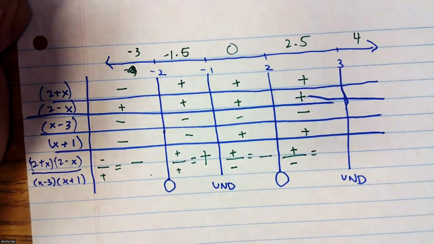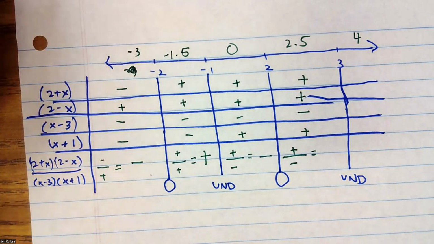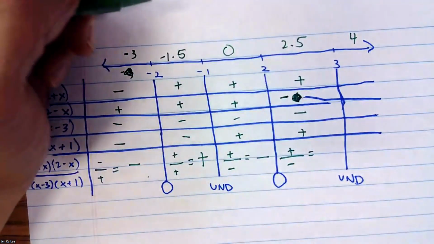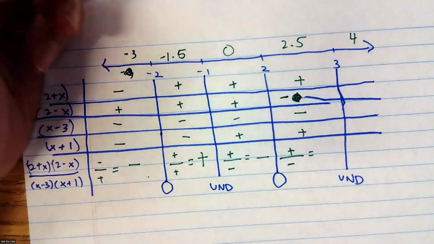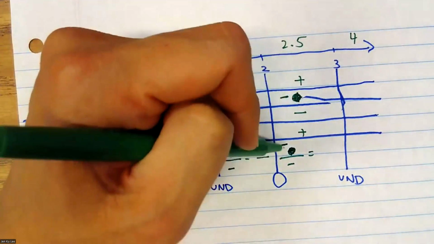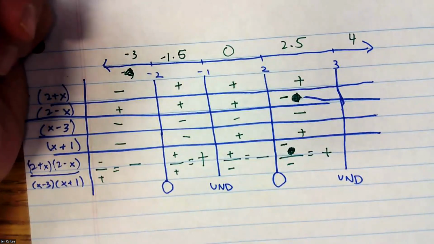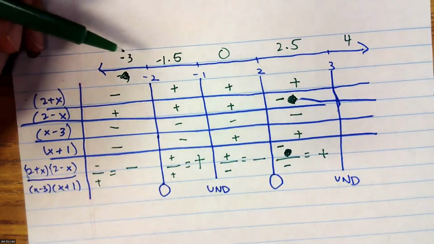So this part would be a negative as well, right? A negative divided by a negative is a positive. Okay? 2 minus 2.5 is a negative. Yes.